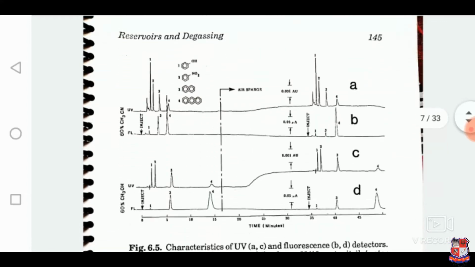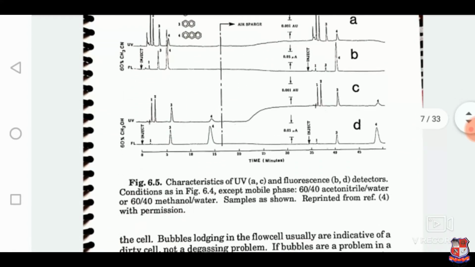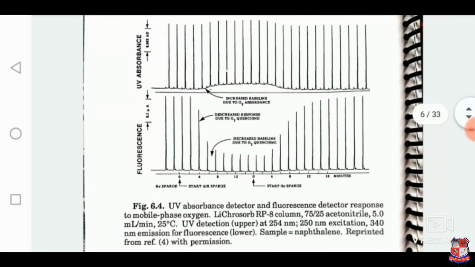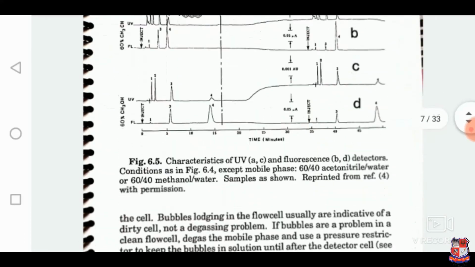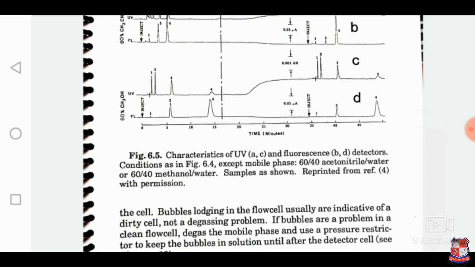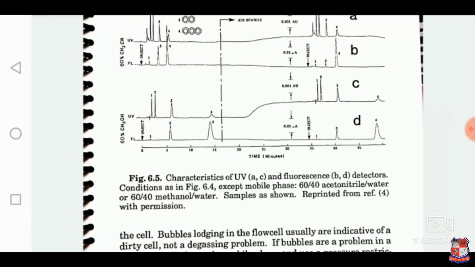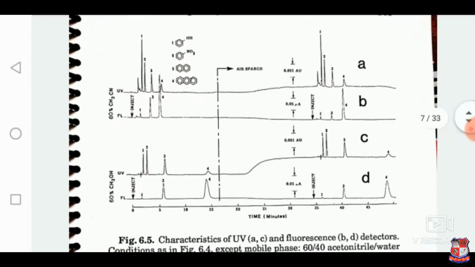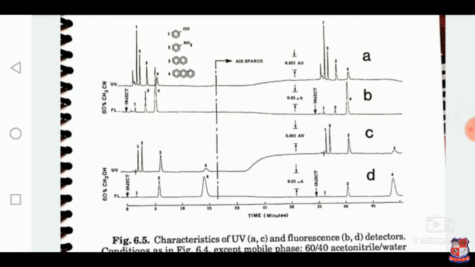These are the problems encountered. Another figure represents the characteristics of the UV and fluorescence detectors, with the same conditions as in figure 6.4, except the mobile phase is 60/40 methanol-water. So the mobile phase is changed, and here the air sparge is applied, and the difference between the responses is given.